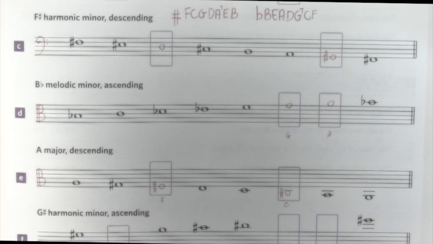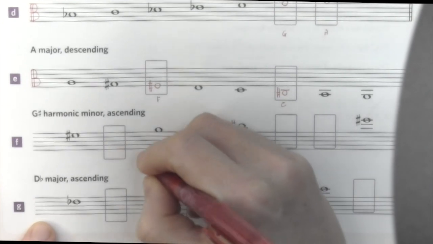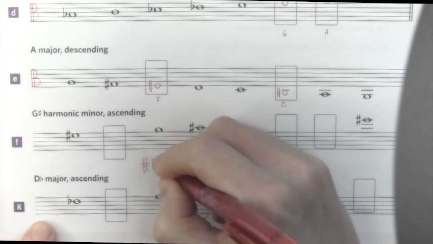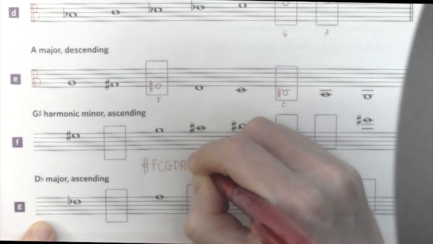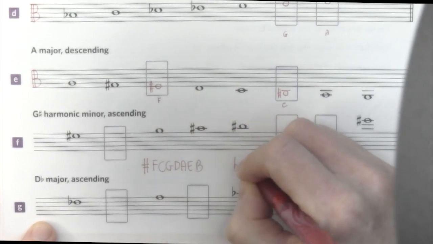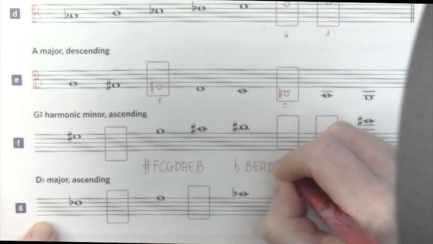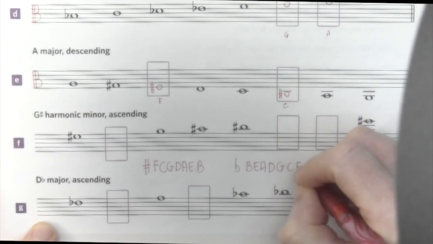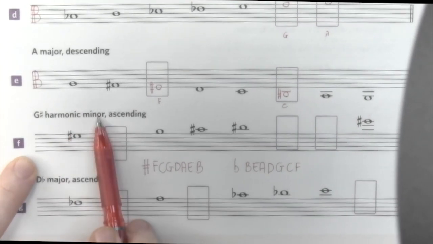Great. Let's move on. I'm afraid I need to write again the order of sharps and flats. Fa, Do, Sol, Re, La, Mi, Si, and then Si, Mi, La, Re, Sol, Do, Fa. G sharp, harmonic minor.